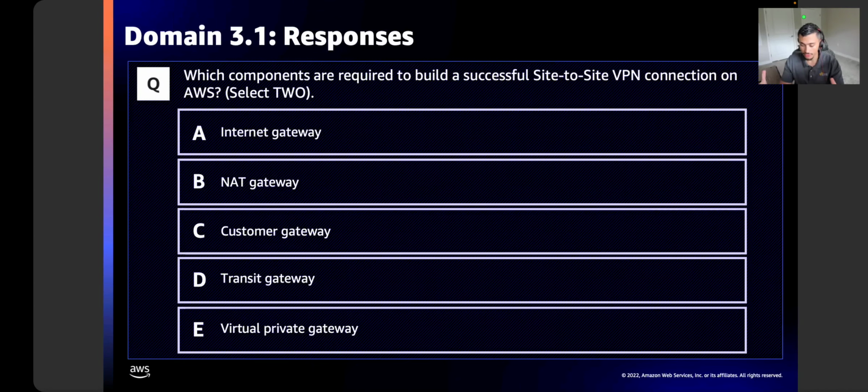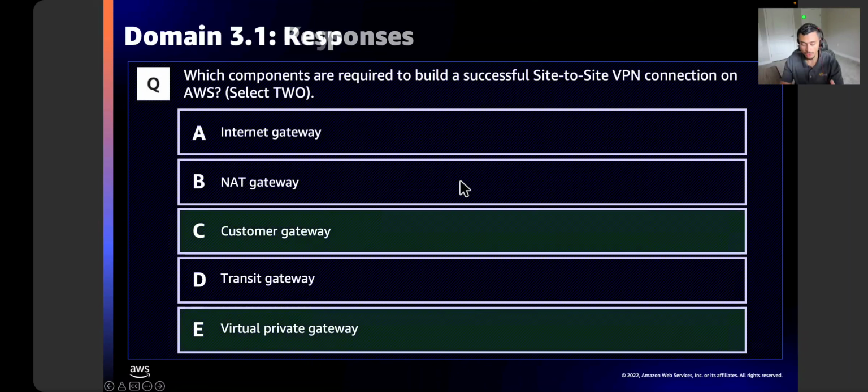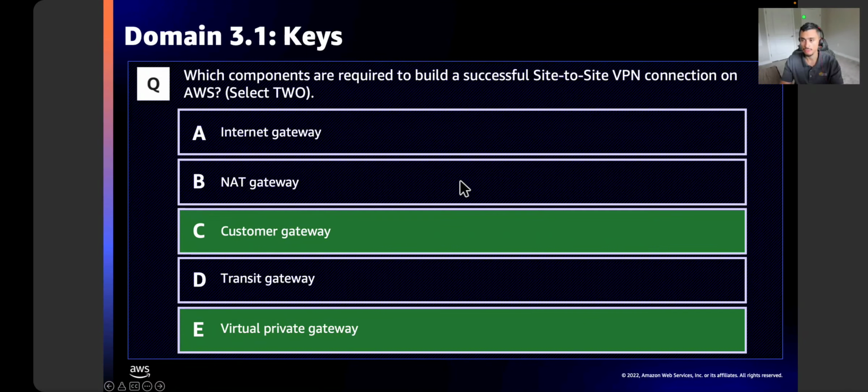Okay, so going through this question, the correct responses here are, as we spoke about when we were talking about the site-to-site VPN connection, right? For that, we require a virtual private gateway, and that would live in your VPC, essentially. So we create a virtual private gateway. And then we have a customer gateway that would live on premises.